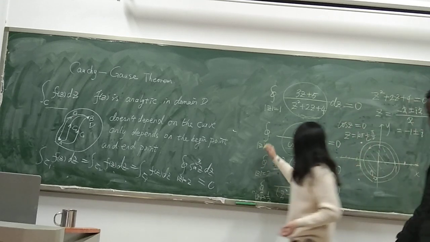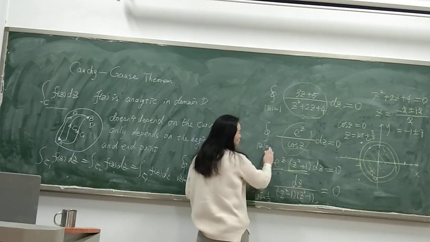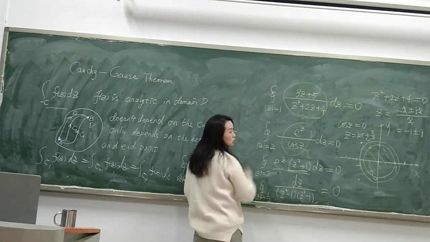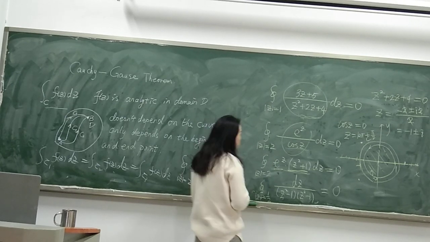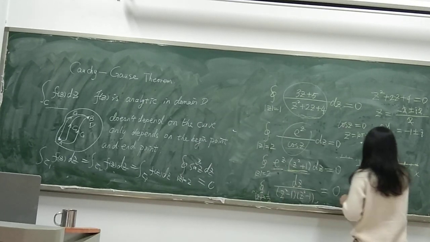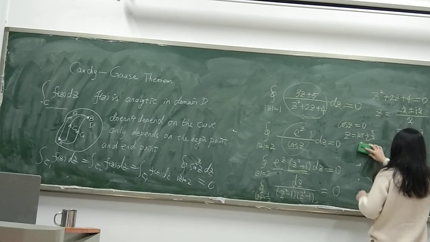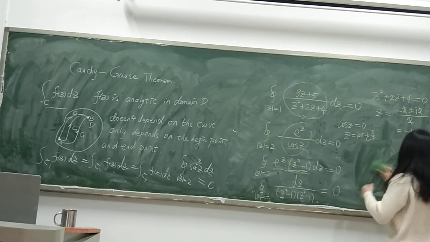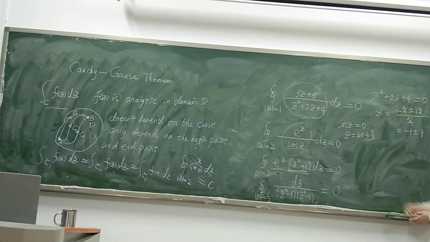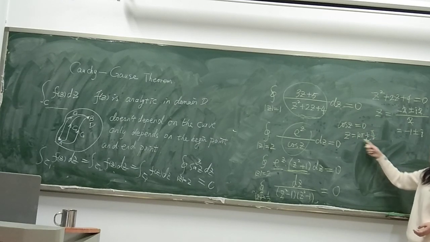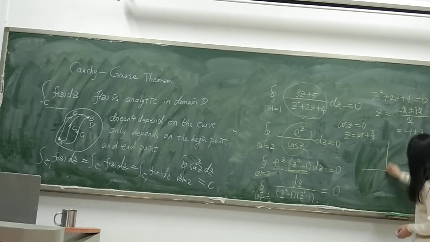For example, if the modulus of z is not 1, it's 2. And if the modulus of z is 2, you know this function is not analytic, because cosine z equals 0 at z equals this one. So you will see the modulus of 2.